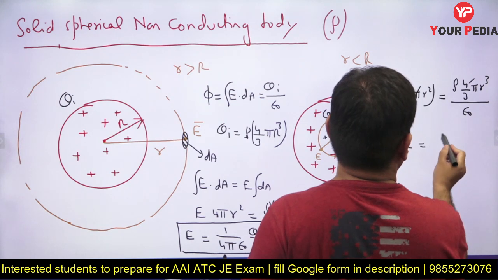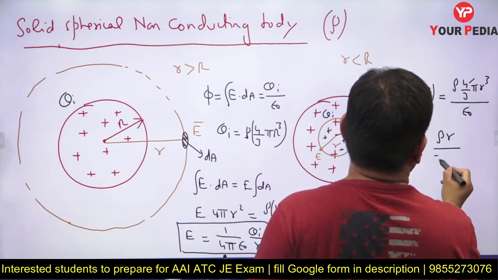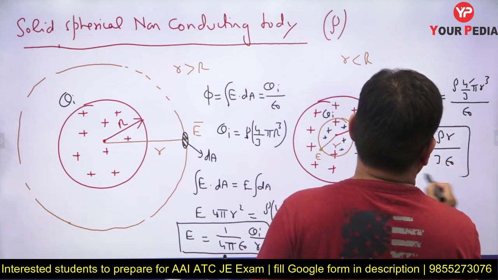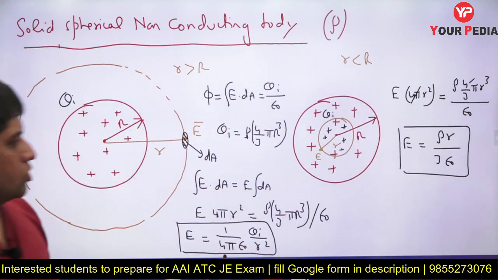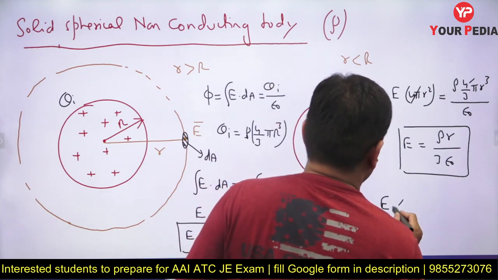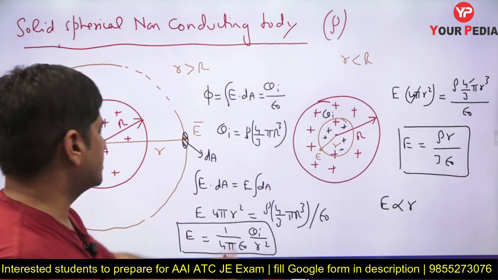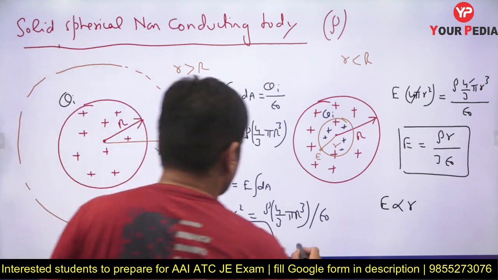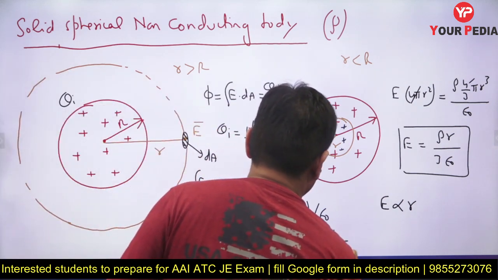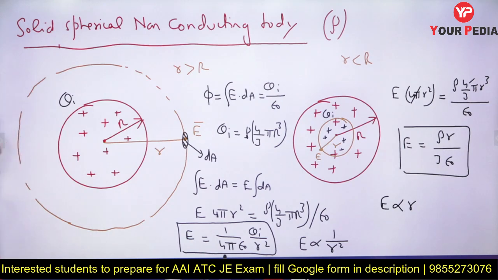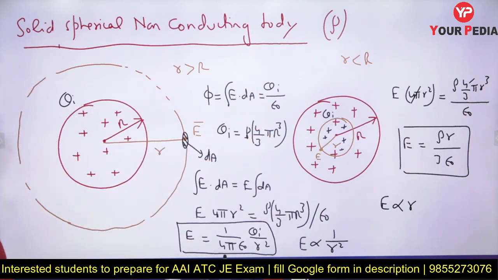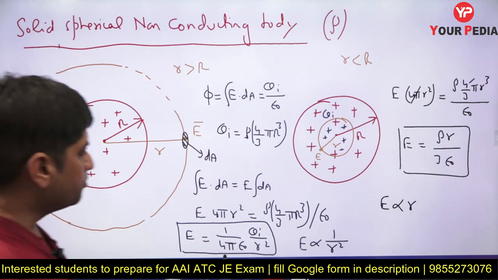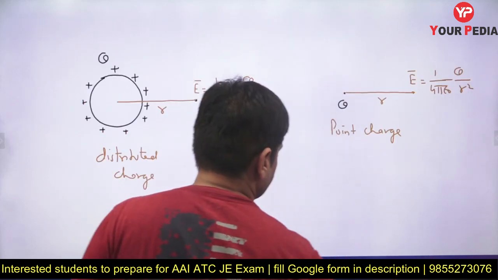E will be equal to rho r over 3 epsilon naught. So E is proportional to r here, and in the outside case E is proportional to 1 by r square. So as you go away from it, E is inversely proportional to r square, right?